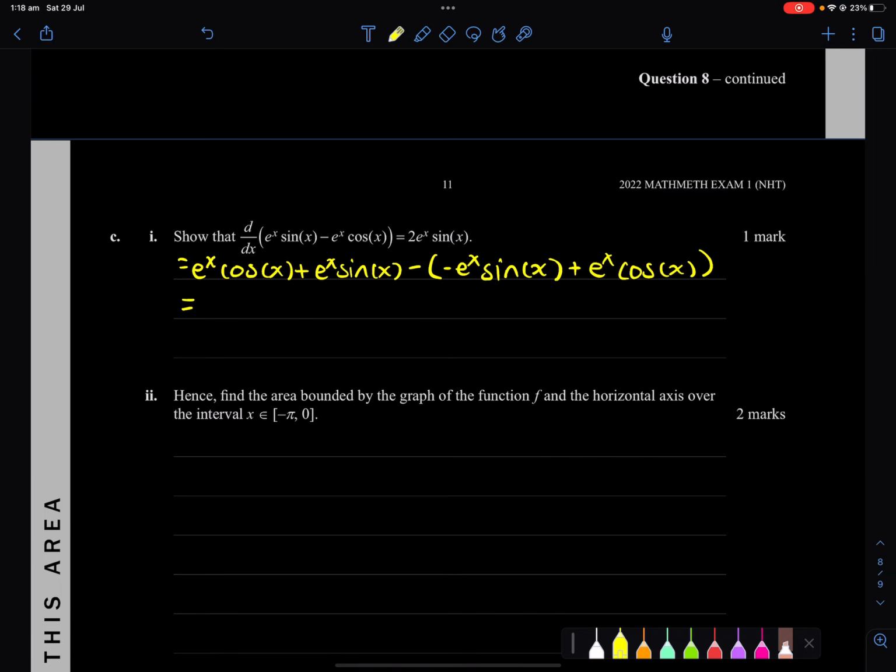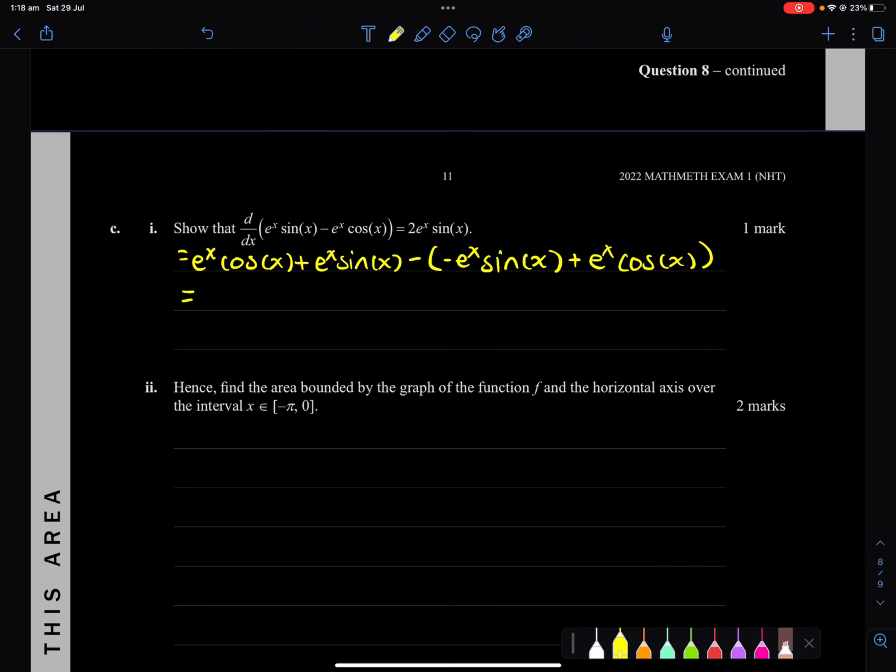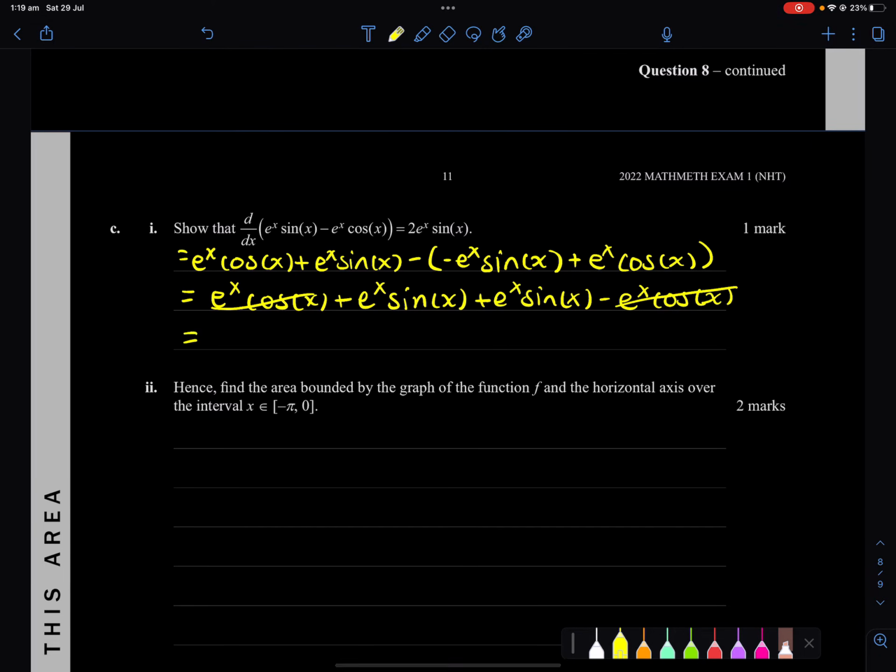That would equal e^x cos x plus e^x sin x plus e^x sin x minus e^x cos x. Now these e^x cos x both cancel out, so we can say 2e^x sin x. So we've shown that it's equal to the right hand side.